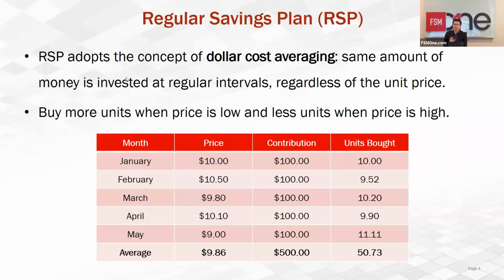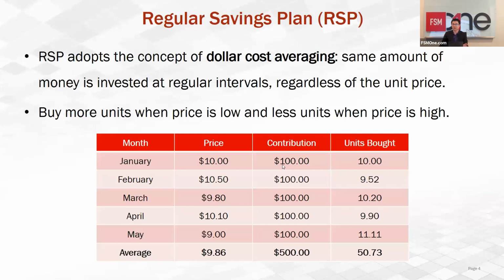So on this particular slide, I've prepared a very simple example to illustrate how this dollar cost averaging concept works. Okay, so this particular investor sets aside about $100 every month to invest in this investment product. So in the month of Jan, the price of that investment is $10, which also means that with his regular contribution of $100, he is able to get 10 units of that investment product.